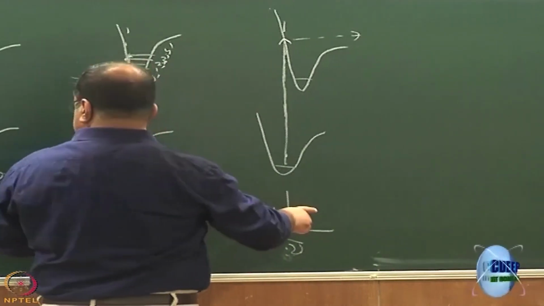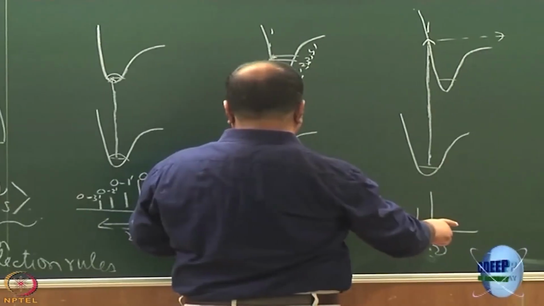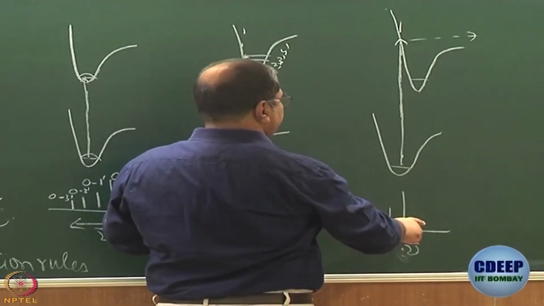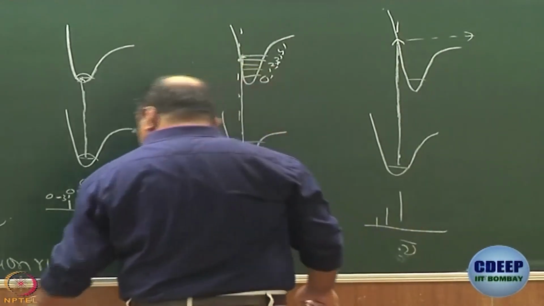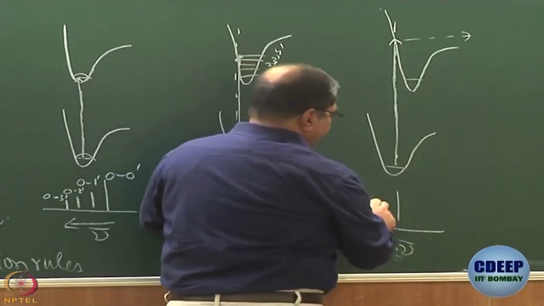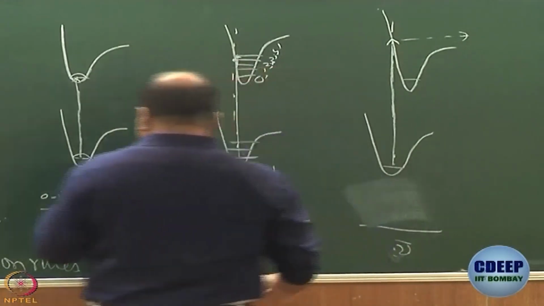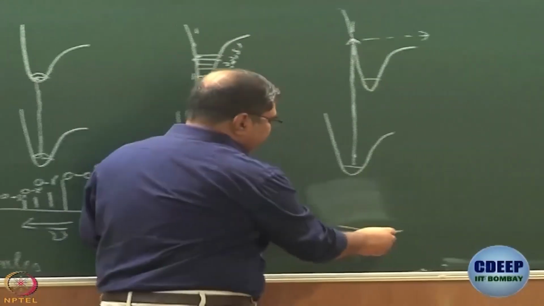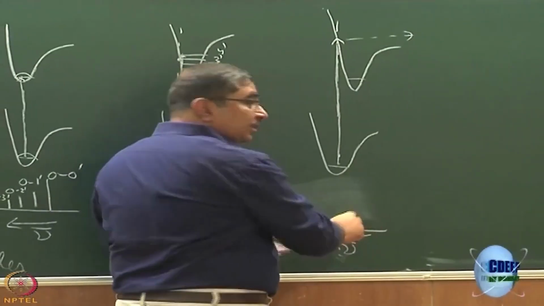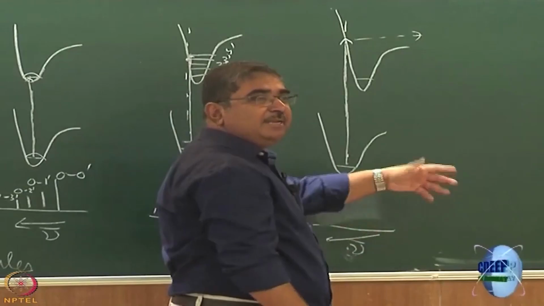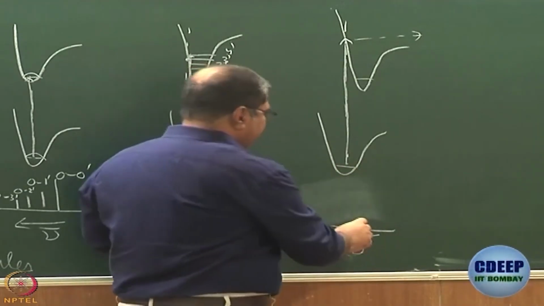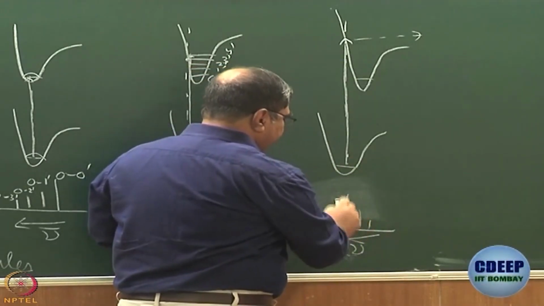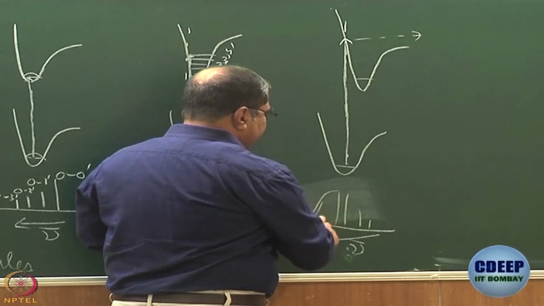So now nu bar increases this way. I will draw it the other way. I am drawing nu bar to be increasing from right to left. So, I will draw it that way. So, this is exactly a flipped image of what you see in Manuel's book, and then you have a continuum.